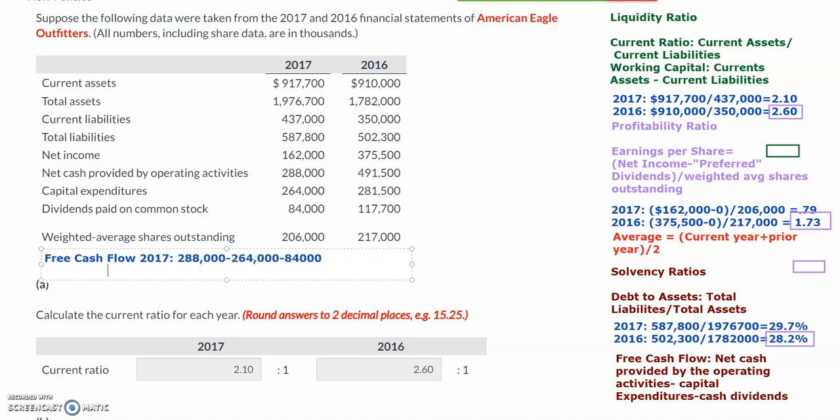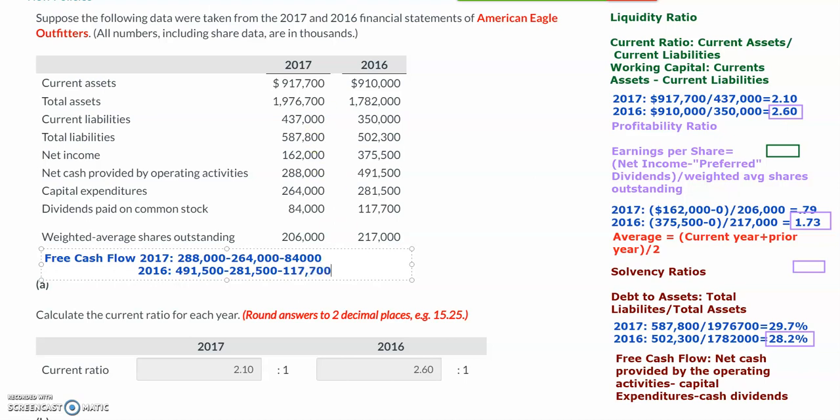And for 2017, your calculation will be similar, and they're going to be getting this information from your problem. So I'm going to take our cash flows from operating activities minus the capital expenditures minus the dividends paid.